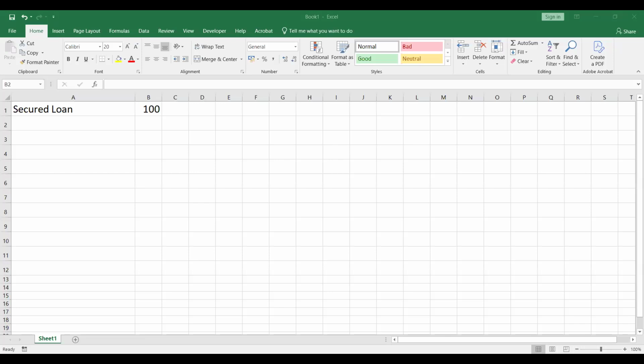Just a minute, let me share my screen also with you. I hope now my screen is visible. And suppose the insolvency resolution cost is say 20, and this is the only secured asset.